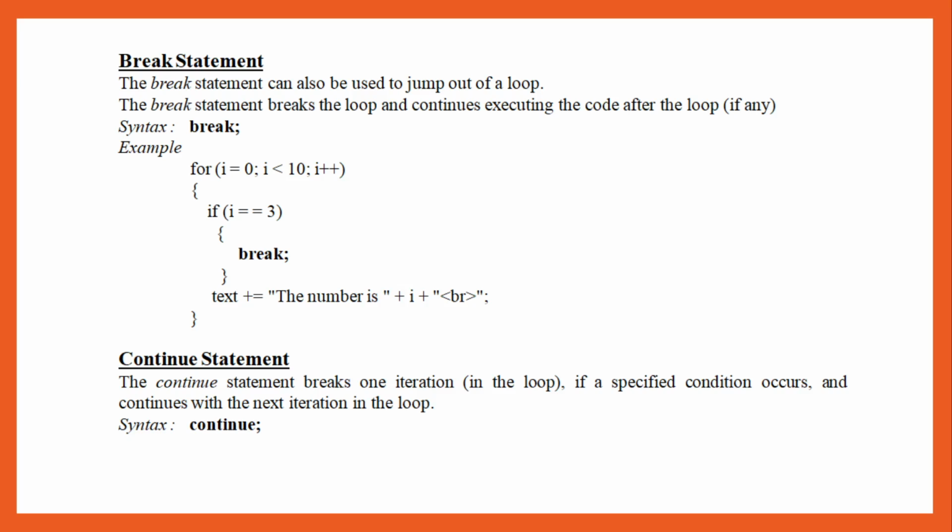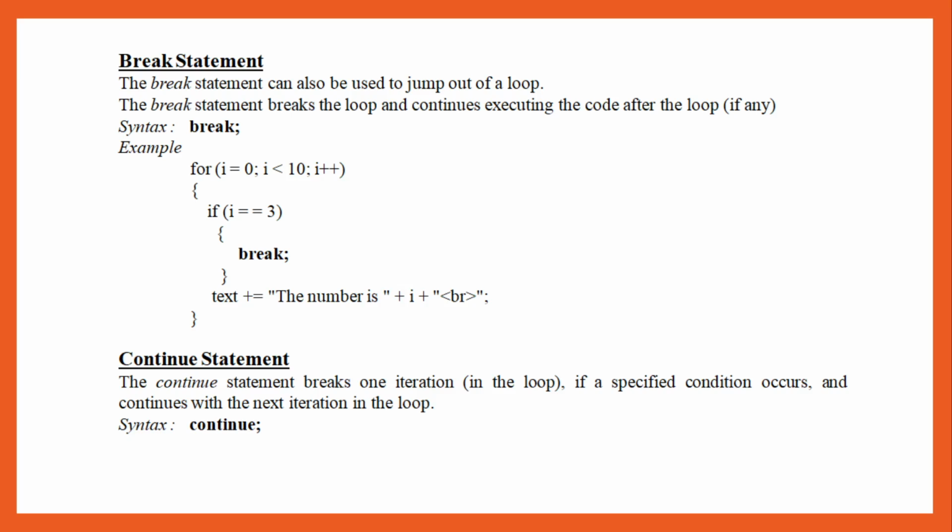Here we are using the keyword break. See the example. For i equals 0, i less than 10, i plus plus. If i equals 3, break. Here the loop will break if the condition i is equal to 3.